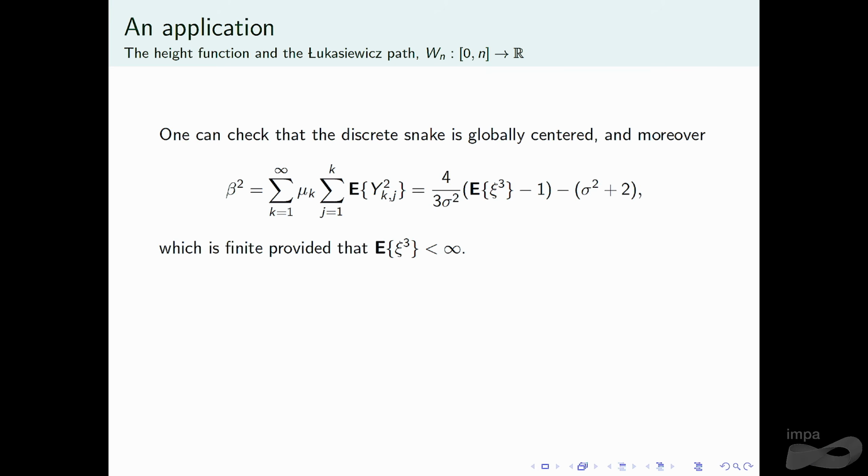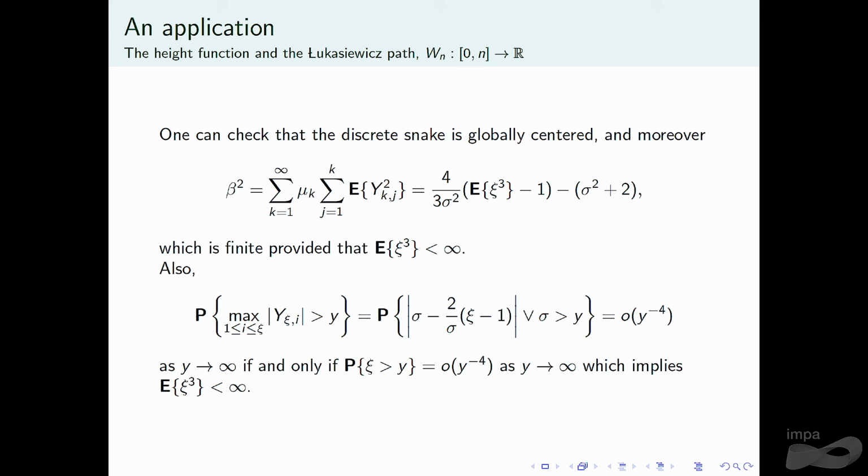So more lucky things is that this discrete snake is globally centered, so it satisfies our first centering assumption, and it has finite global variance, so long as we assume a finite third moment condition on the offspring distribution. Okay. Lastly, we can understand the tail of the maximum displacement using just the offspring distribution.